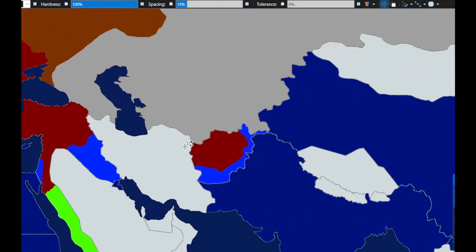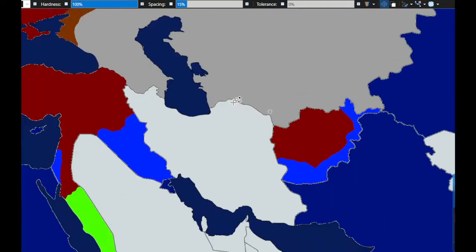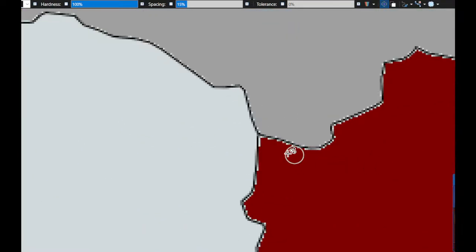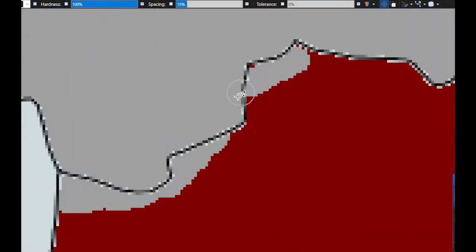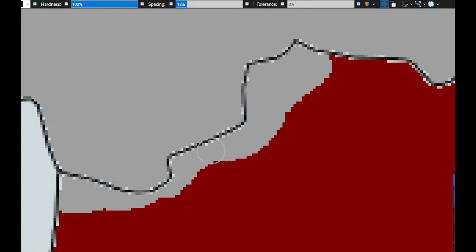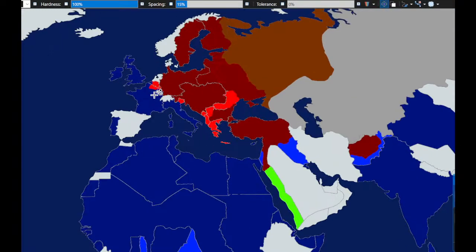So the Whites do send a bit of forces to go fight in Afghanistan, at least a little bit, especially because they are getting pushed back on many fronts. But yeah, not a lot of men are sent, and they don't make that much progress, but it is something.